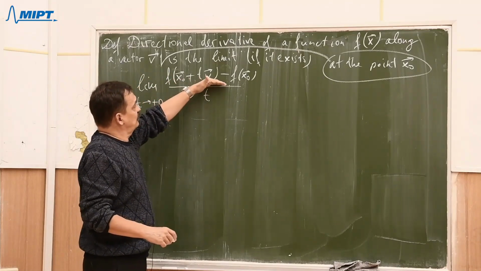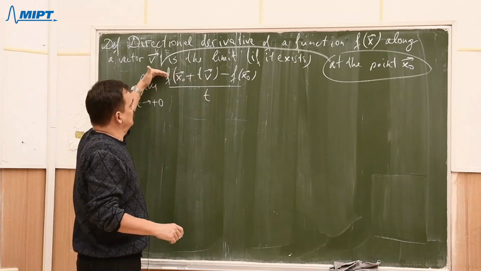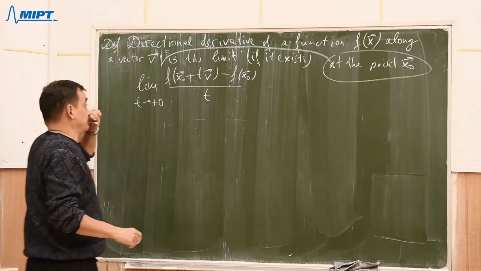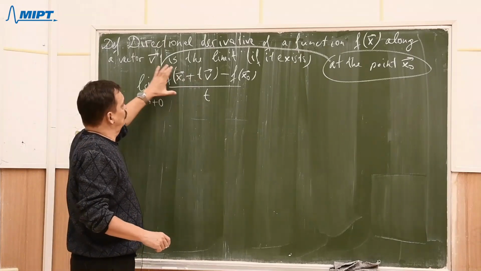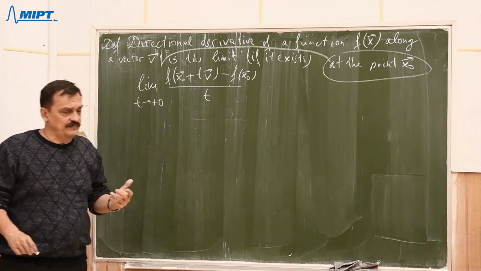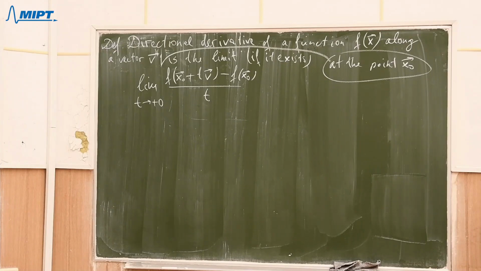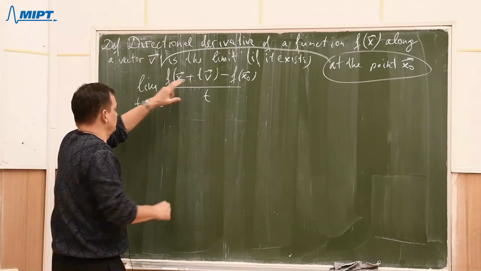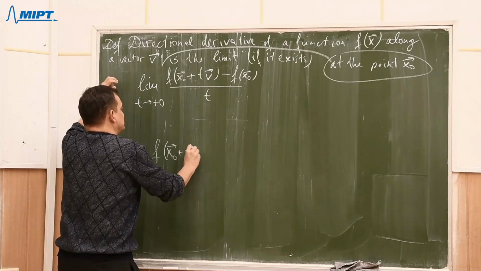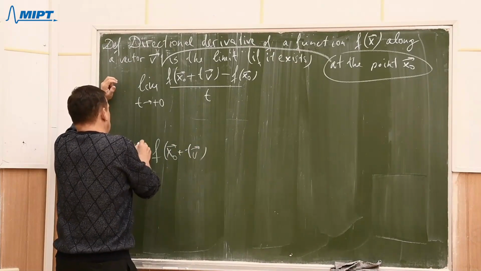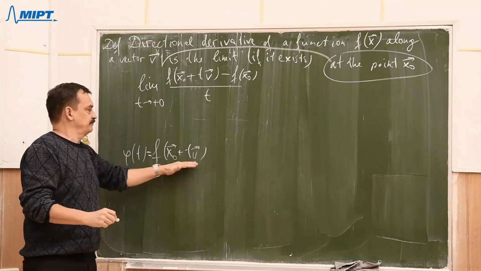So in the numerator we have the increment of that function of one variable. And it means that what is written here is the instantaneous rate of change of the function of one variable f of x naught plus t times v. So phi of t, let's say, right?